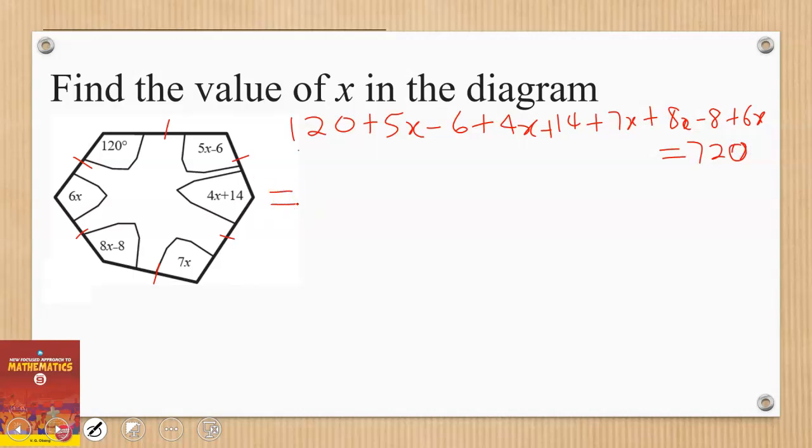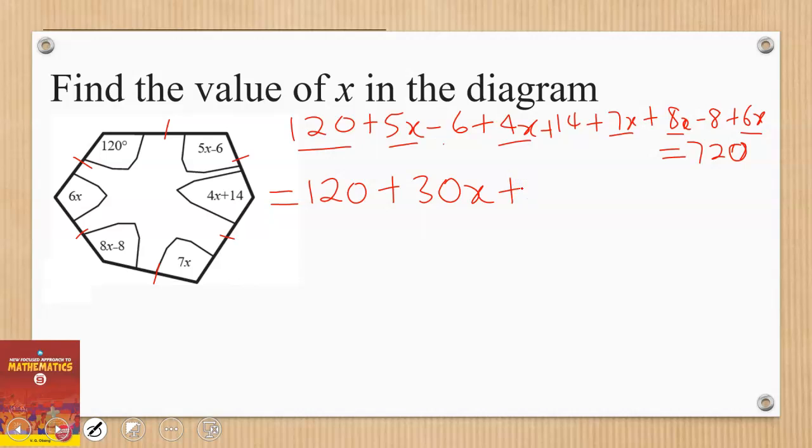So let's keep the 120, plus 5x plus 4x making 9x, plus 7x making 16x, plus 8x making 24x, plus 6x making 30x.